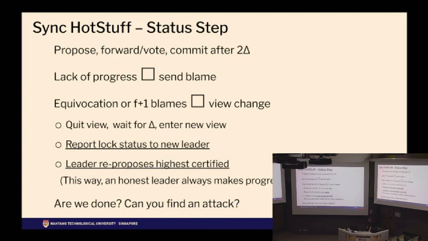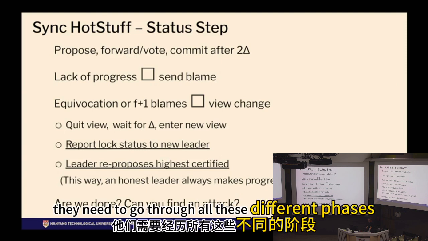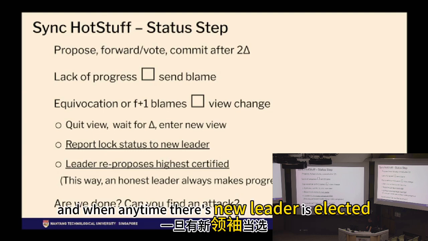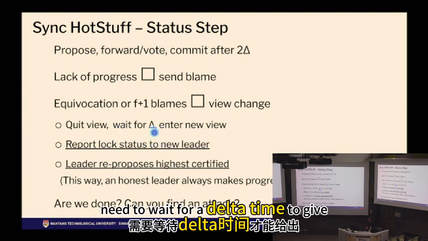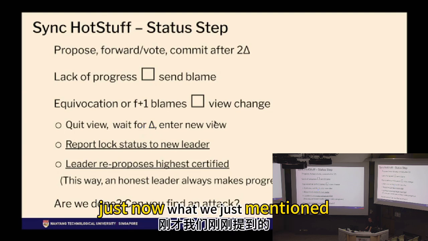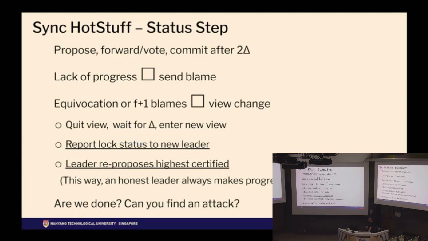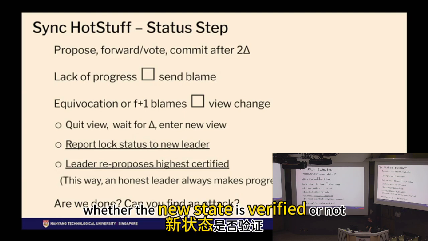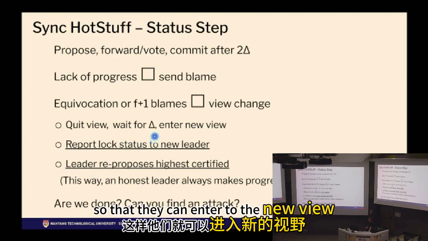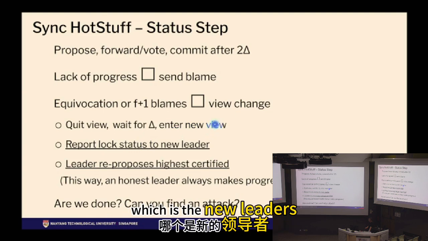So that's where they need to go through all these different phases, and anytime a new leader is elected, they need to wait for delta time. That gives enough time, for all the procedures we just mentioned, to verify whether the new state is valid, so that they can enter the new view, which is the new leader's.